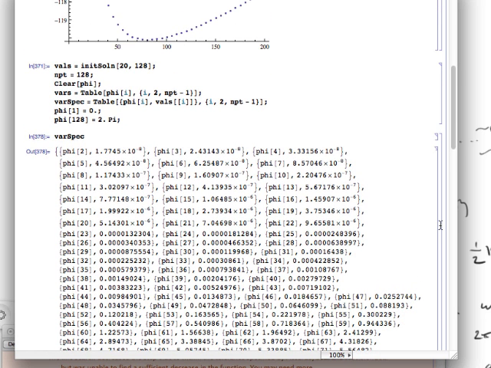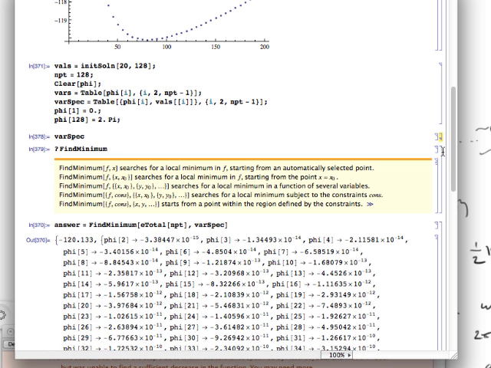And so that's why the trick of using phi as a function of i with respect to which we're minimizing was used here. But you have to make sure that those variables don't have a definition before you pass it to the find minimum, which is why they needed to be cleared before you go in.